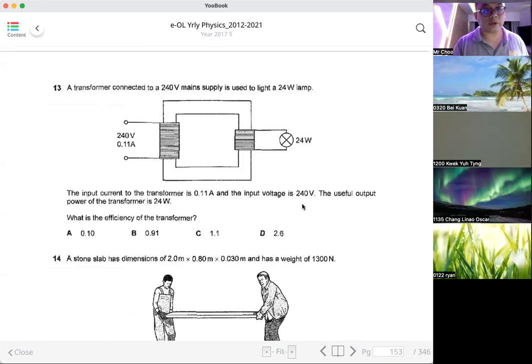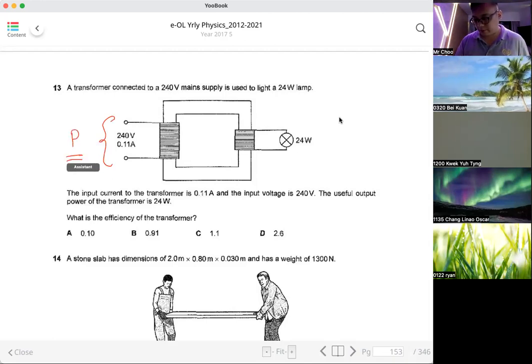Okay, you want to try question 13? Okay, I haven't taught you transformer yet. First, what I just want you to do is this. In your chat, calculate the power of this.